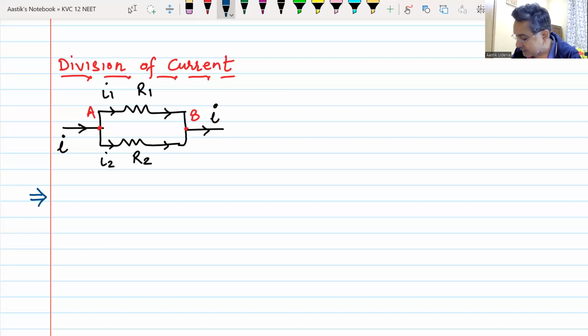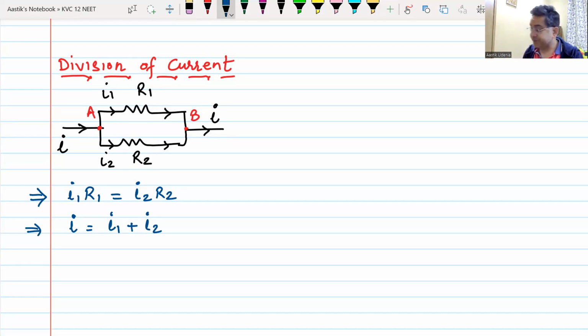Potential difference does not depend on the path. So from this you can write I1 into R1 will be equal to I2 into R2. Also you can write the total current I will be equal to I1 plus I2.